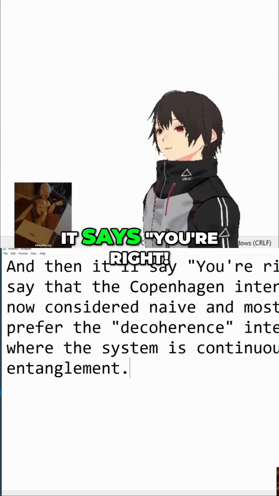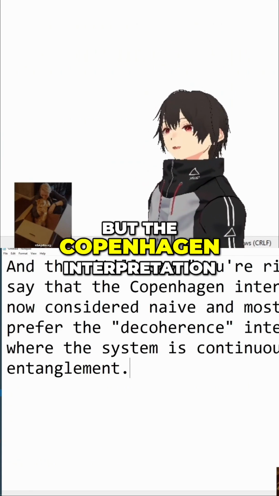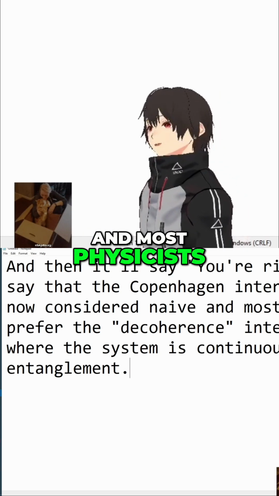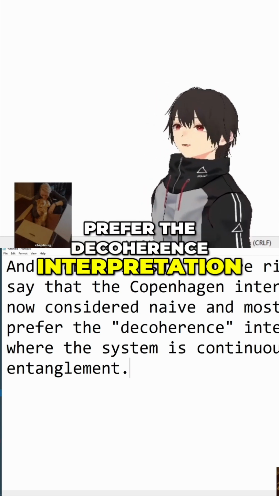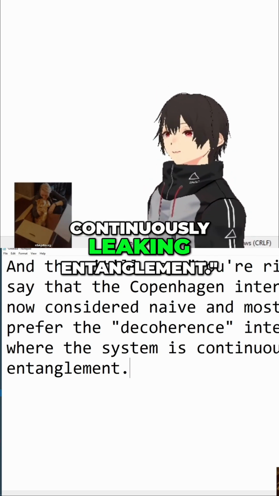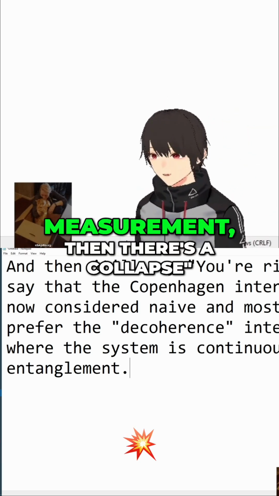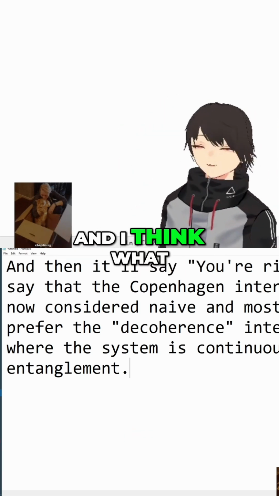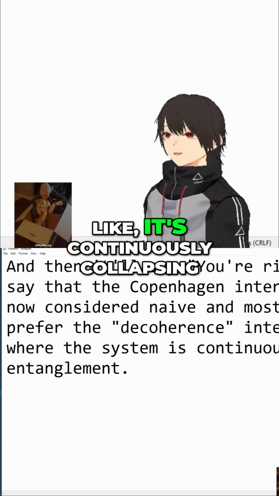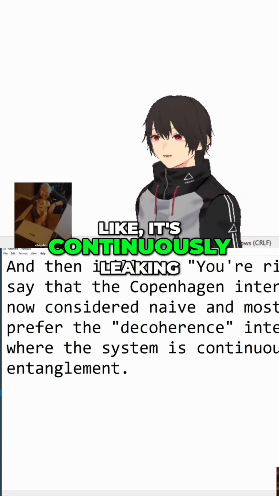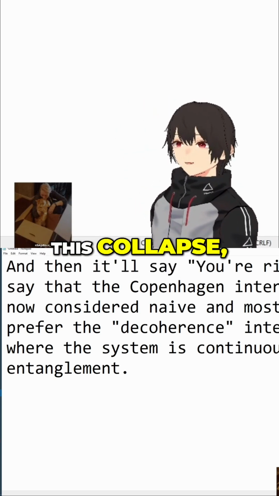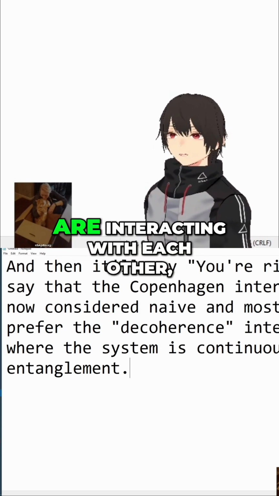It says, you're right, but the Copenhagen interpretation is now considered naive, and most physicists prefer the decoherence interpretation, where a system is continuously leaking entanglement. So I think what the AI is saying is that in Copenhagen, when you make a measurement, there's a collapse, but instead it's continuously collapsing in a sense, continuously leaking out this collapse because all the particles are interacting with each other, right?